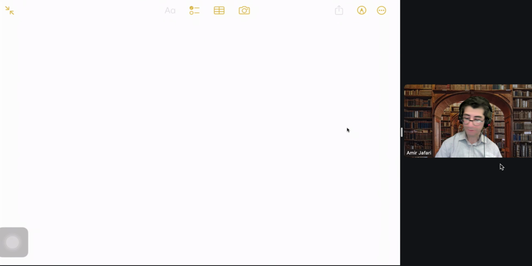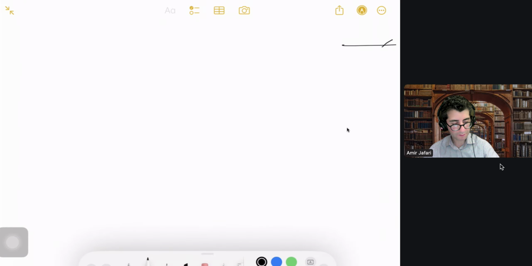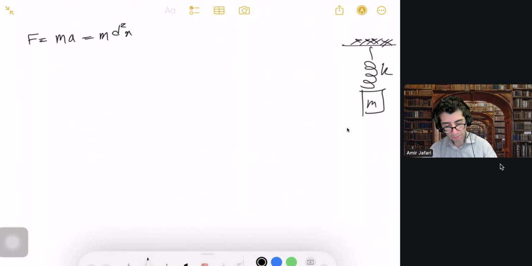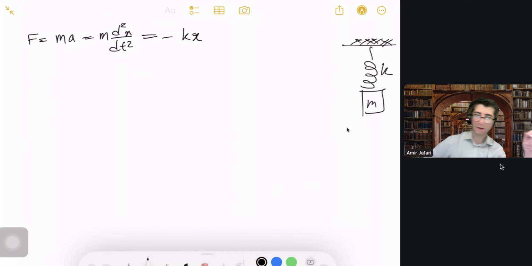So, simple harmonic oscillator, we discussed this in the context of Newtonian mechanics last time. This is M, some mass connected to some spring. Well, you have Newton's law, ma, which is basically m d²x/dt². And Hooke's law gives you this force. This is the restoring force.